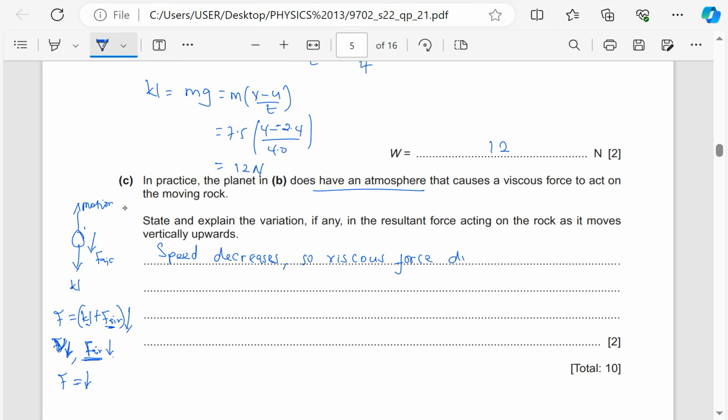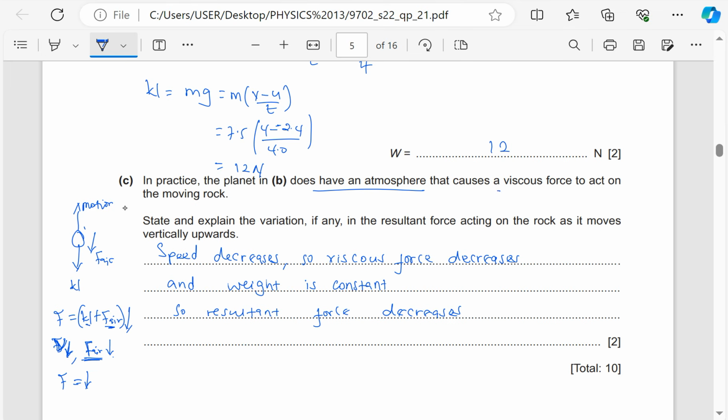And if the viscous force decreases, remember the weight is constant. So if the viscous force decreases and the weight is constant, it means the resultant force decreases.